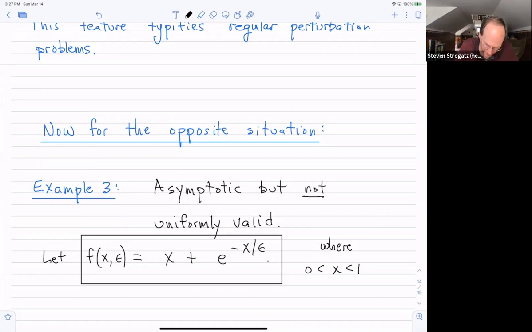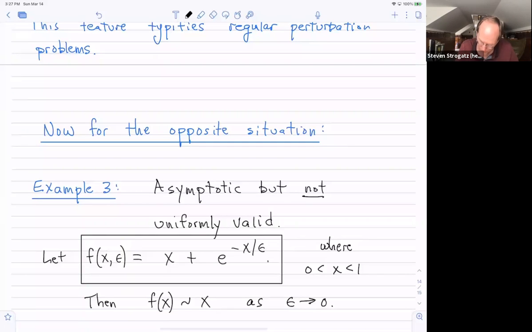And you can check that for this f that I'm writing down, this f of x is simply asymptotic to x as epsilon goes to 0. Let's think about it going to 0 from the positive side.